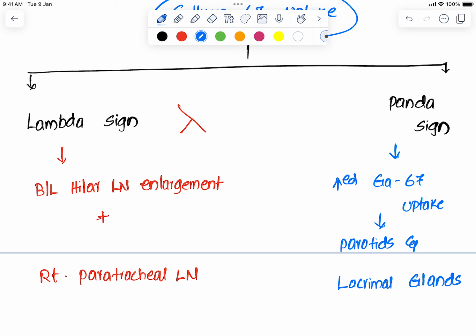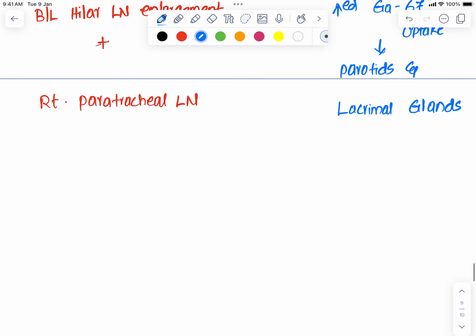So this is your lambda as well as the panda sign. Okay, so this is a highly specific pattern for sarcoidosis. But ultimately, what is the investigation of choice? Investigation of choice will be the biopsy.